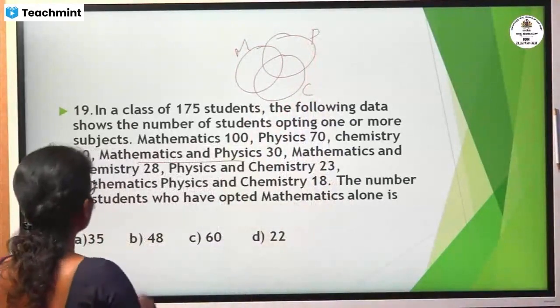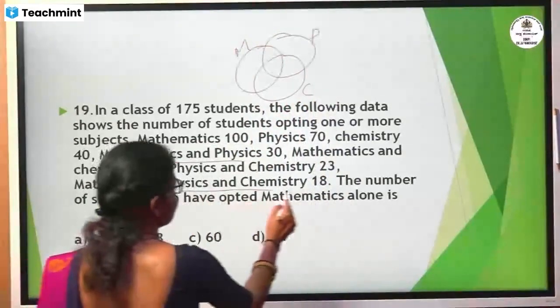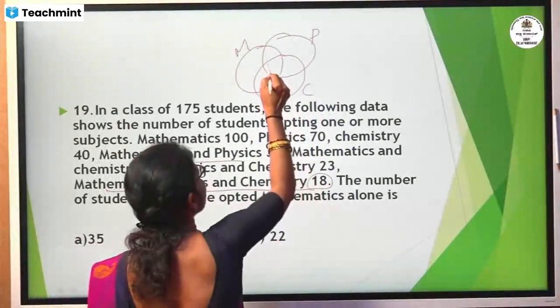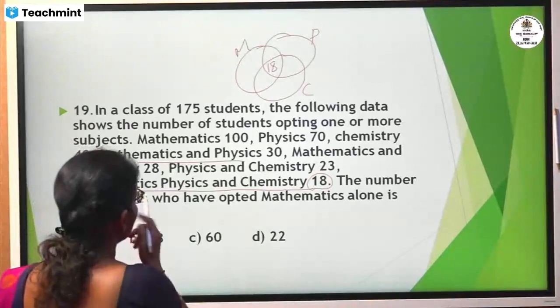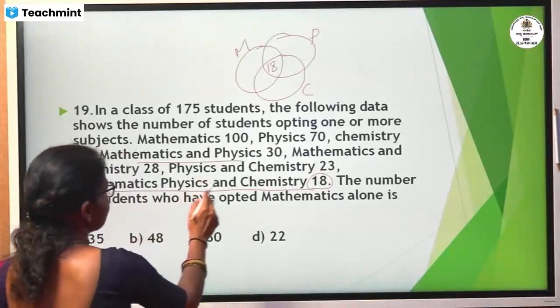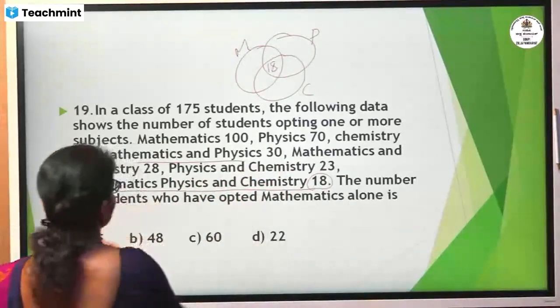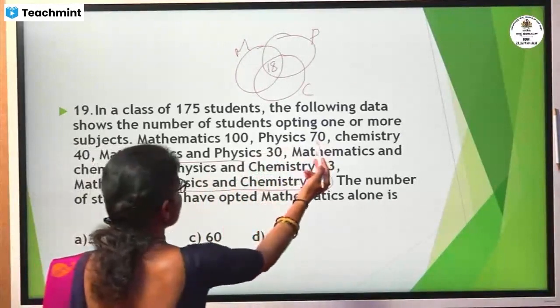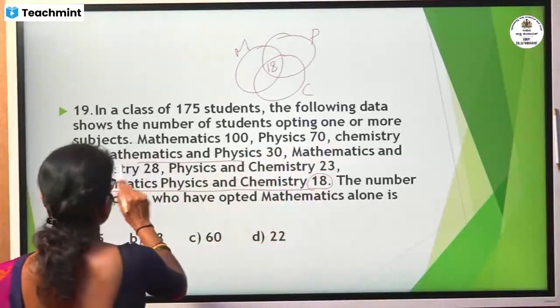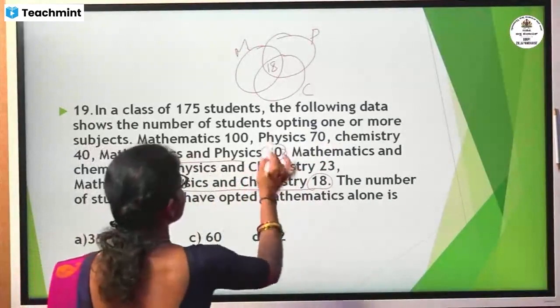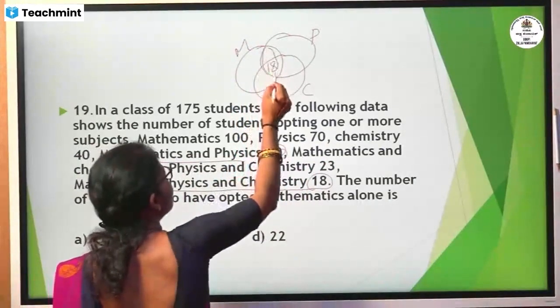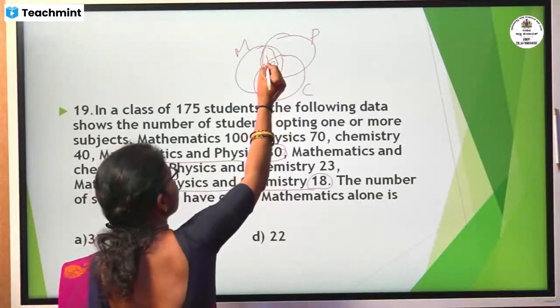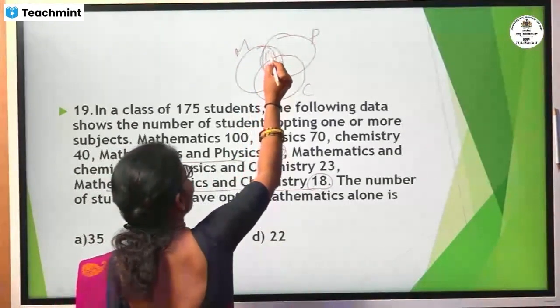First we fill in all three, that is 18. Then consider mathematics and physics, that is 30, but 18 is there already. So this will be 12.